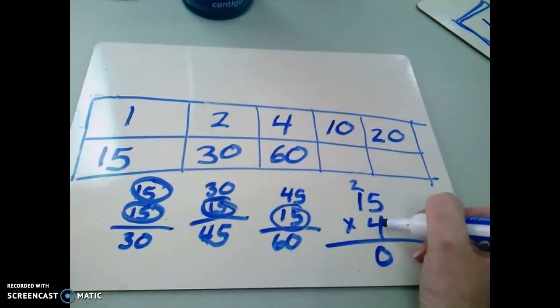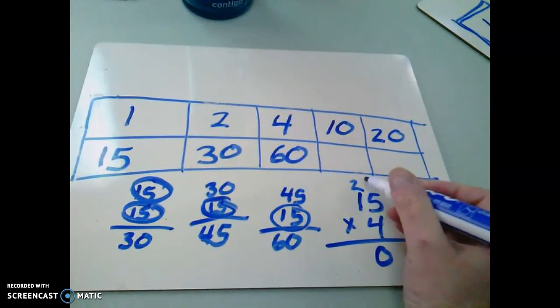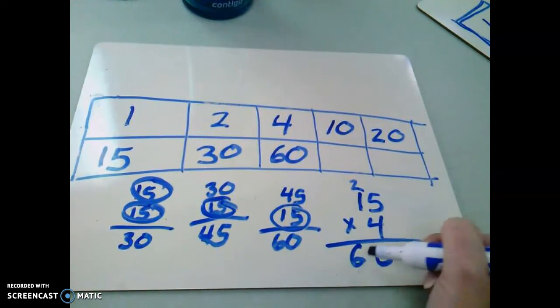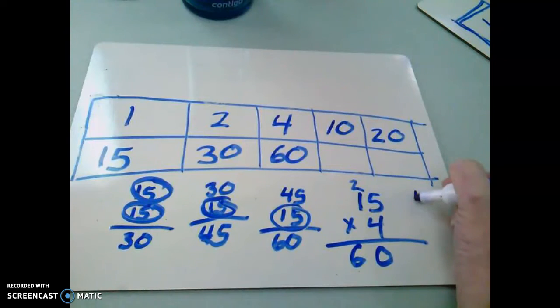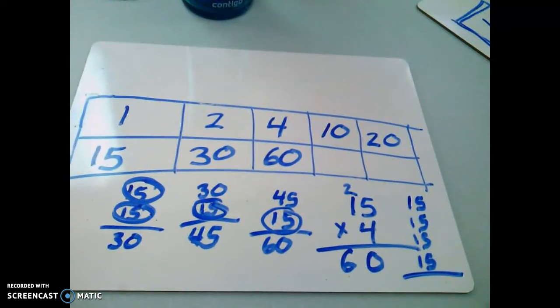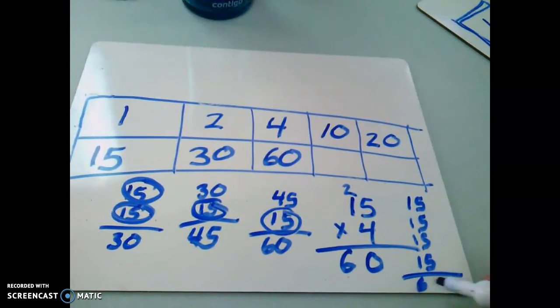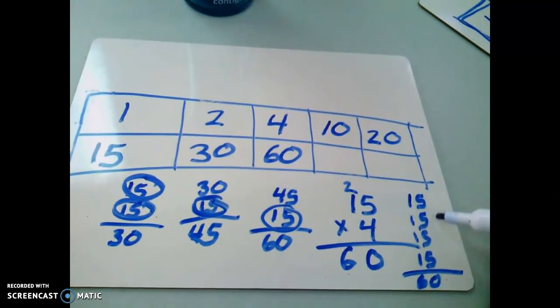Carry my 2. 4 times 1 is 4. 5, 6. Or I could add it up. 15, 15, 15, and, oh, sorry, my writing's so bad. 15, I could add 4 15s, and I would also get 60. Remember, multiplication is like repeated addition.